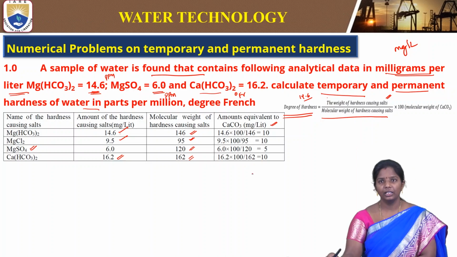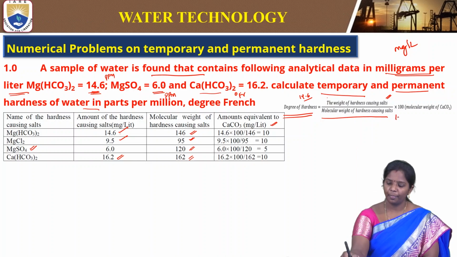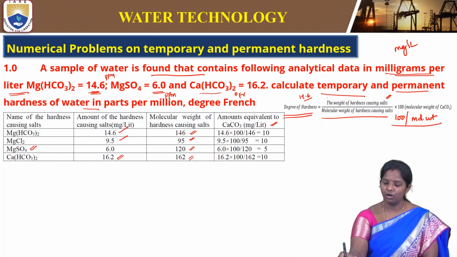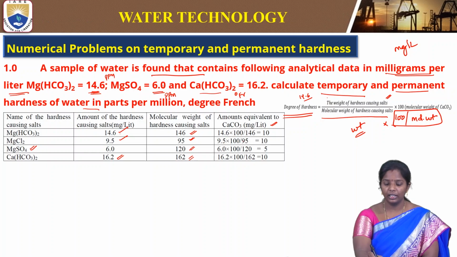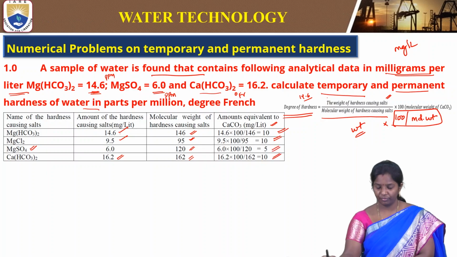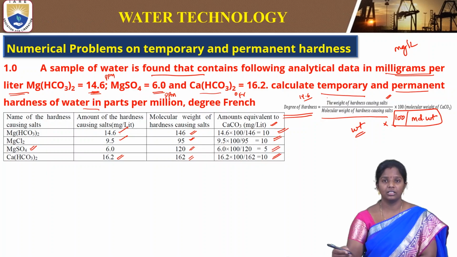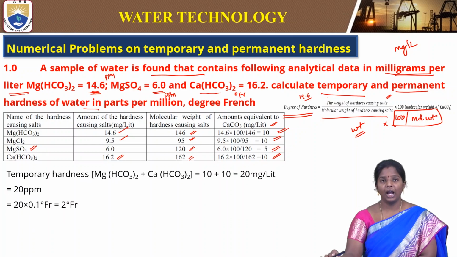That is just like dividing, so 100 divided by molecular weight of that particular salt into weight. You can take it either way. So 14.6 into 100 by 146 is equal to 10. That is how we get the amount of equivalent of calcium carbonate present as hardness.